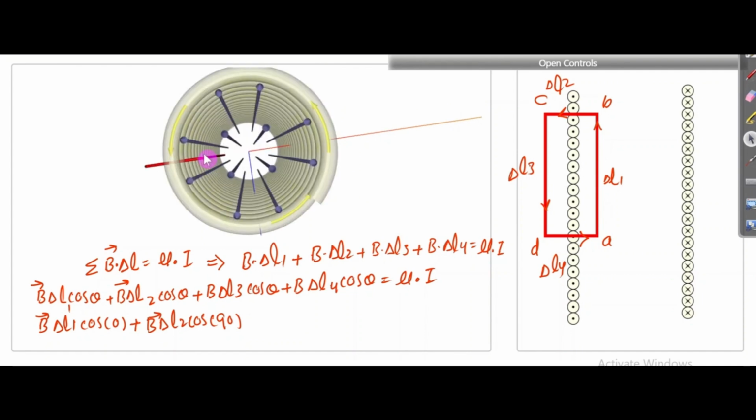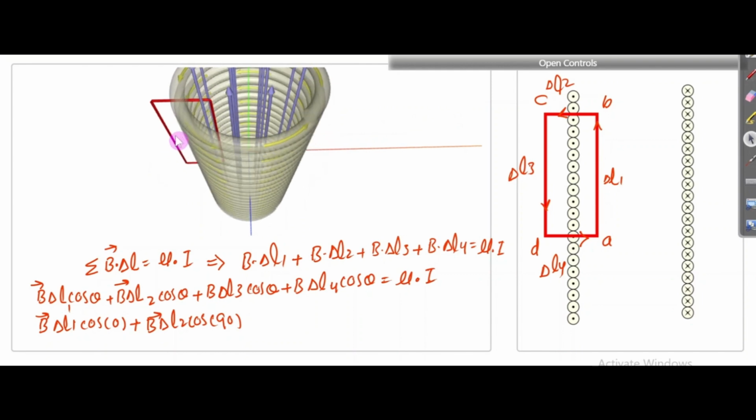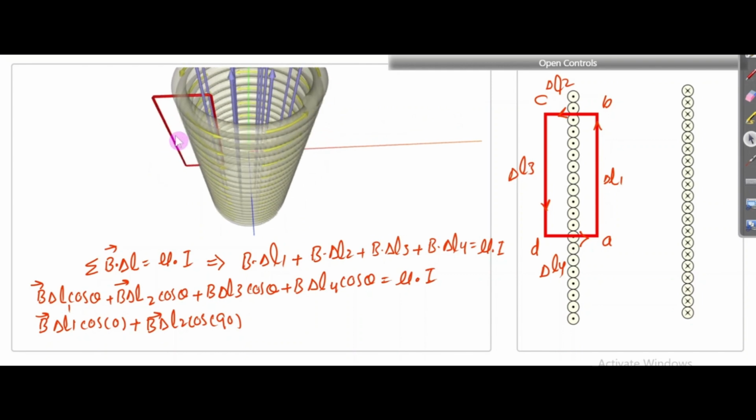So the angle between B and del L3 is 180, because one is from top to bottom and the magnetic field is from bottom to top. And similarly, the angle between the magnetic induction and del L4. So here we have del L4.